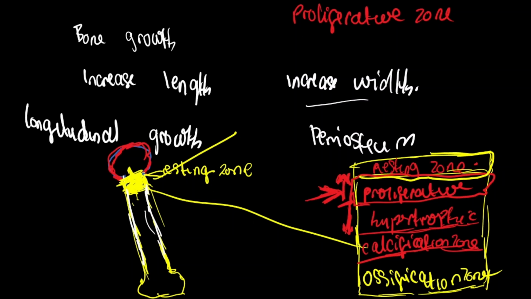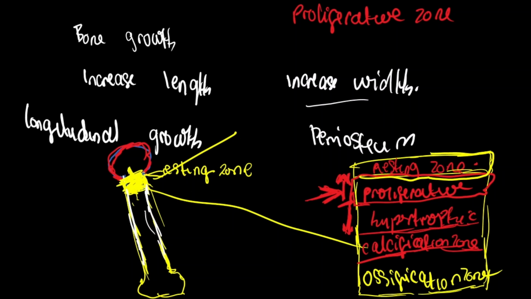Now, it's important for us to take note of the fact that over time, as the bone continues to increase in length and the individual continues to age and grow, this epiphyseal plate actually continues to grow thinner till it totally disappears.